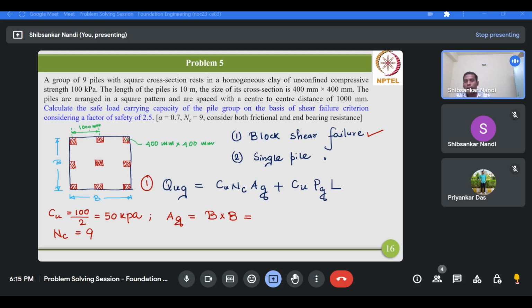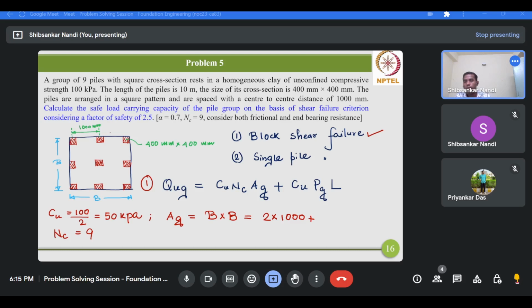You can calculate this B as 2s plus the pile size. So this is 2 times 1000, the center to center spacing between these piles, and as you can see, in one direction you have two spacings. So 1000 multiplied by 2, plus half of the cross section of the pile, and on this side also half of the cross section of the pile.